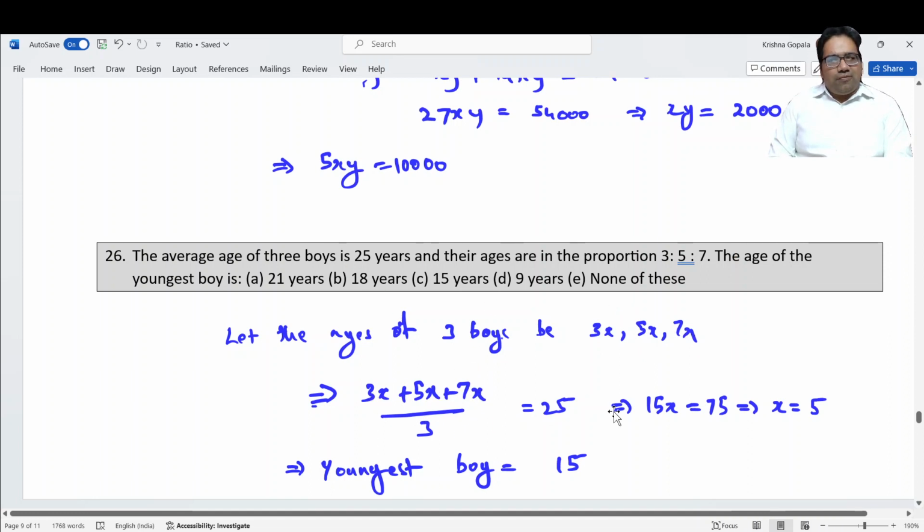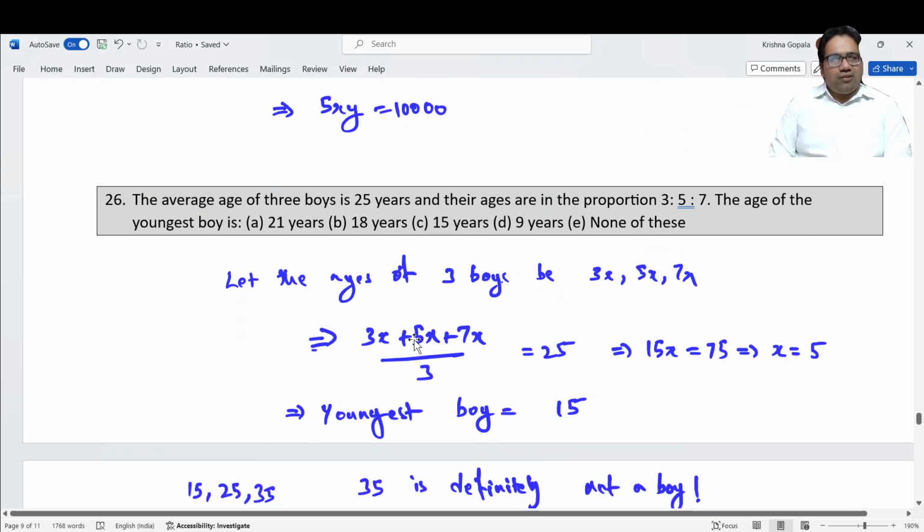That means the sum, 15x, is equal to 3 into 25, 75. That means x equals 5. The youngest one is 3 into 5, 15. Then the next one, 5 into 5, 25, 7 into 5, 35. 15, 25, 35 are the ages of these boys.